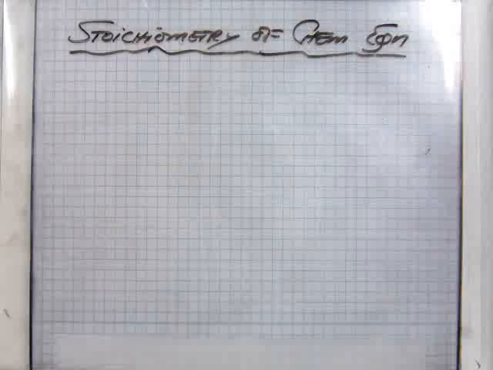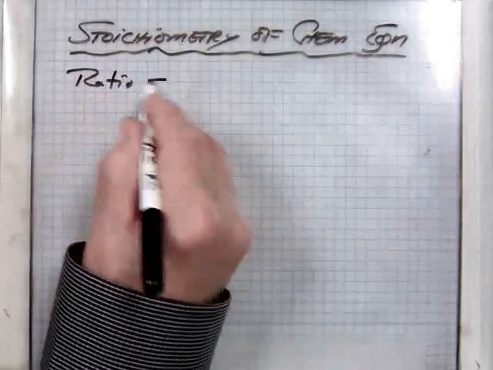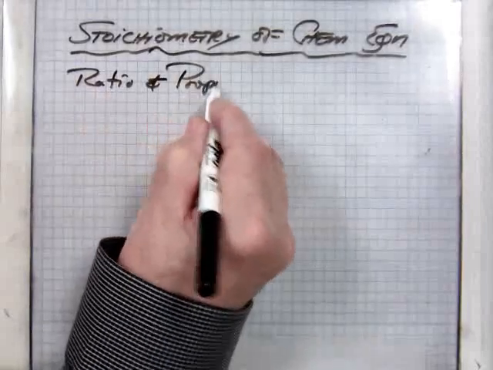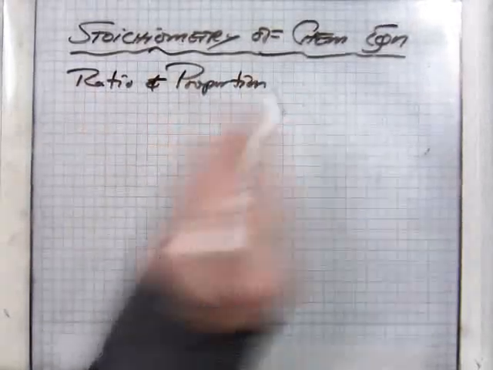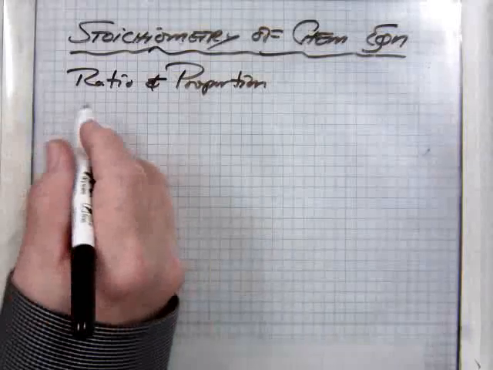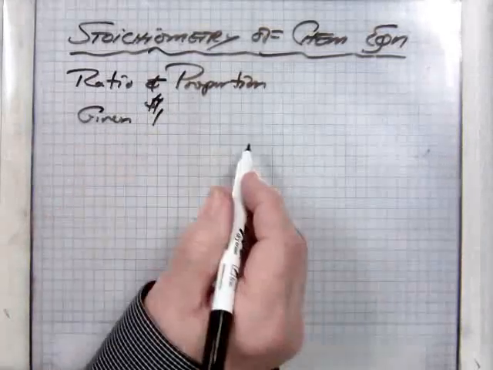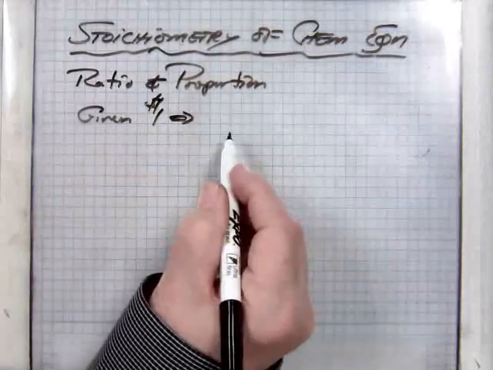Okay, what do we mean by ratio and proportion? If you're given $1, that has 100 pennies.